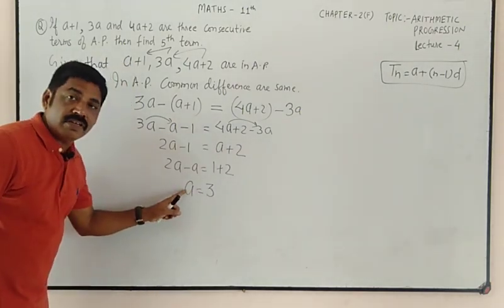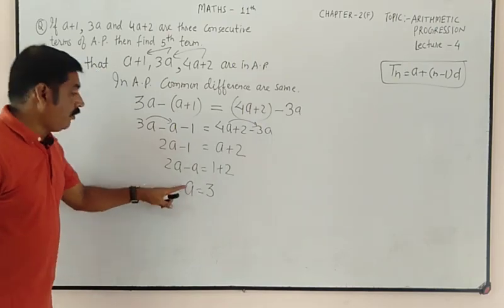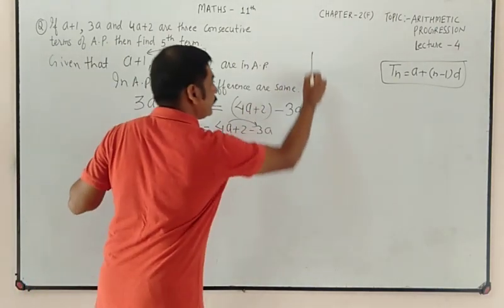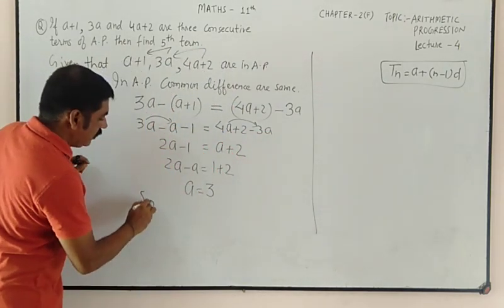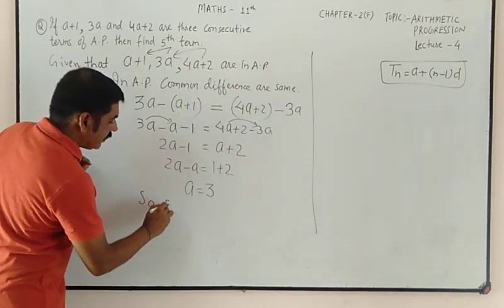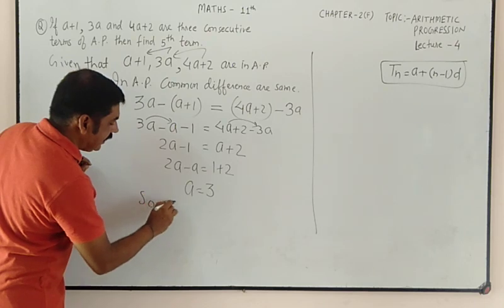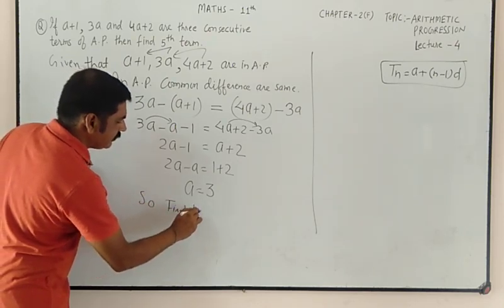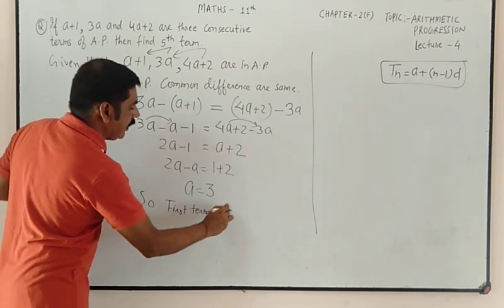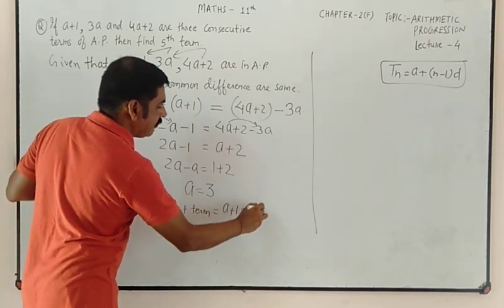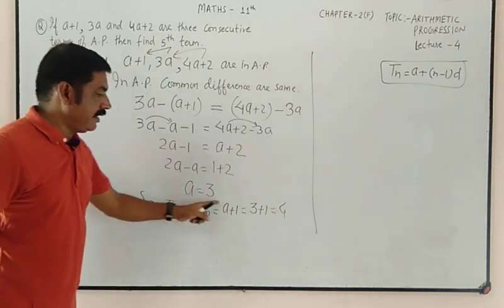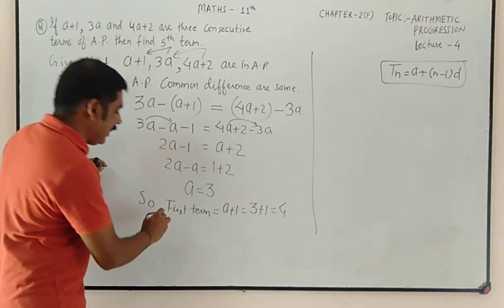Now this is not first term. Now put the value of a in terms. So first term is equal to a plus 1, means 3 plus 1 is equal to 4. A plus 1, 3 plus 1 is equal to 4.